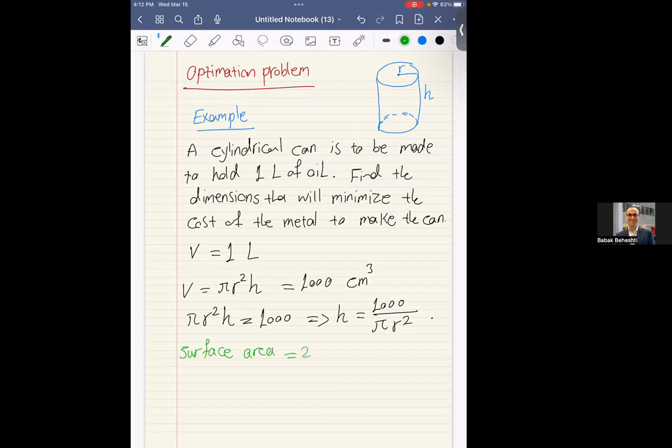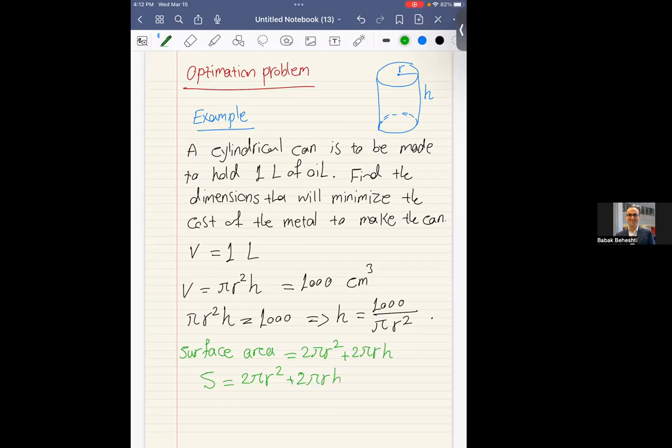So you have 2 pi R squared. This is the surface of the top and the bottom. And the surface of the side of the cylinder is 2 pi R times H. I call the surface area S. So S is equal to 2 pi R squared plus 2 pi R times H.